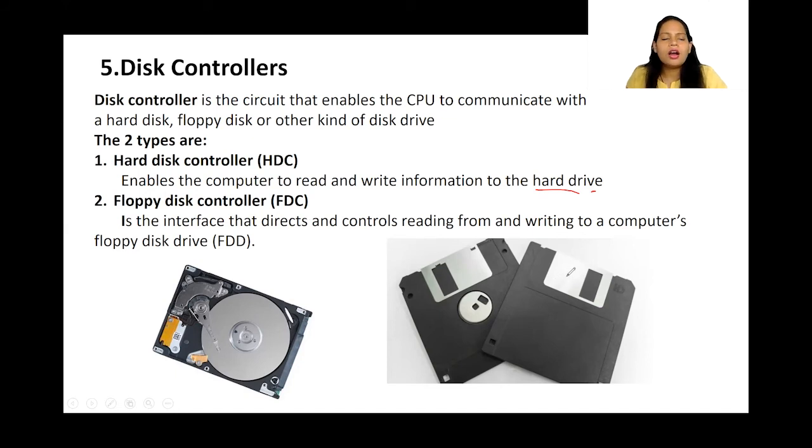Off late we have stopped using floppy disks. Even CDs people are stopping using. We use either our pen drive or external hard disks. So a floppy looks something like this, and this is our hard disk. The hard disk controller is to communicate with the hard disk, and the floppy disk controller is to communicate with the floppy disk. And who communicates?